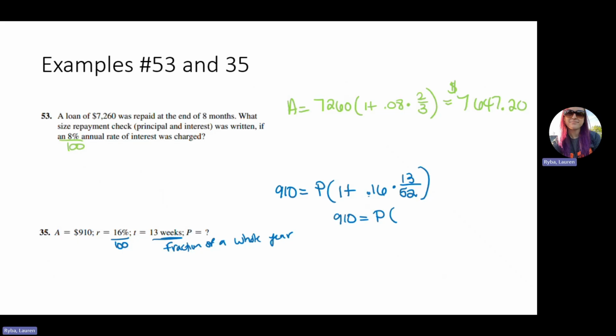So if I do that, 1 plus 0.16 times 13 over 52, that comes out nice, 1.04. But 910 equals P times 1.04. So then I'm just going to divide by 1.04 to get P, which is going to equal 875.